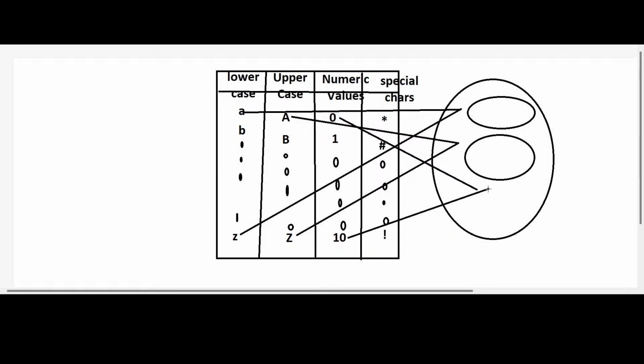That is how we need to group all these together for each and every combination. For special characters also, we are going to test whether it is accepting or not.